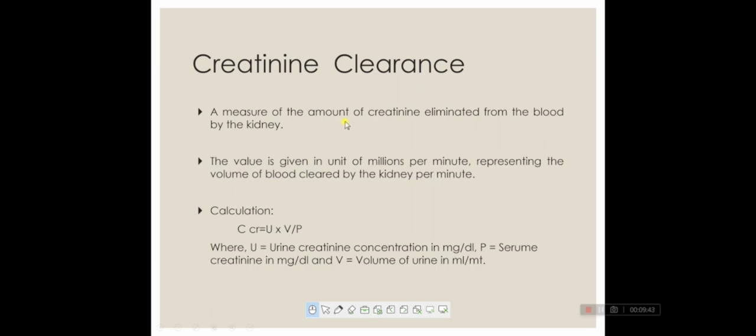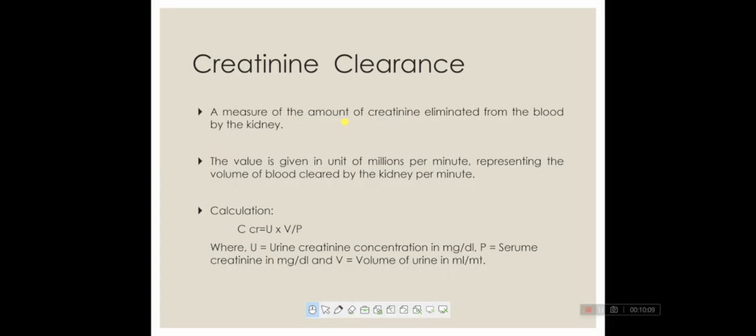Thereby, there is a test. There are clearance tests that are used for the kidney function test. The clearance test determines the measurement of any substance which is eliminated from the blood by the kidney. So the creatinine clearance test is one such test which comes under the clearance tests.